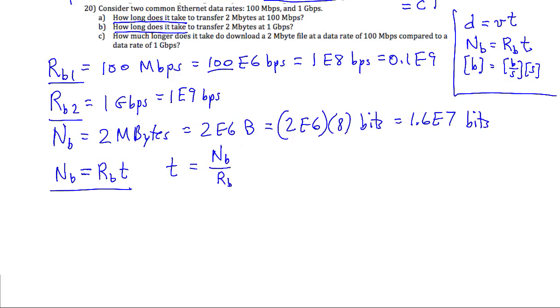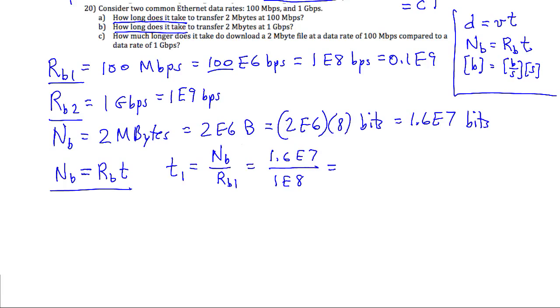I'm going to call this T1, and I'm going to use RB1 in that calculation. I just plug in 1.6 times 10 to the 7th bits divided by 1 times 10 to the 8th bits per second.